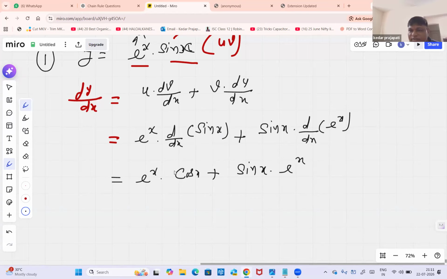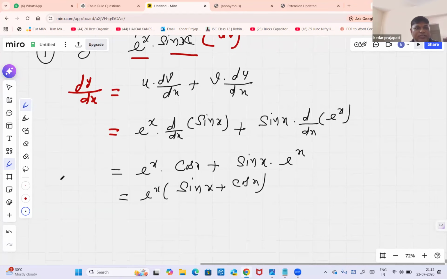So this is our answer. Or you can also take e to power x common: sin x plus cos x. Clear?